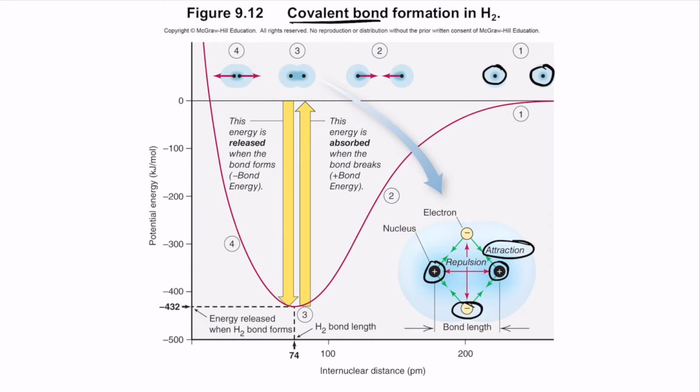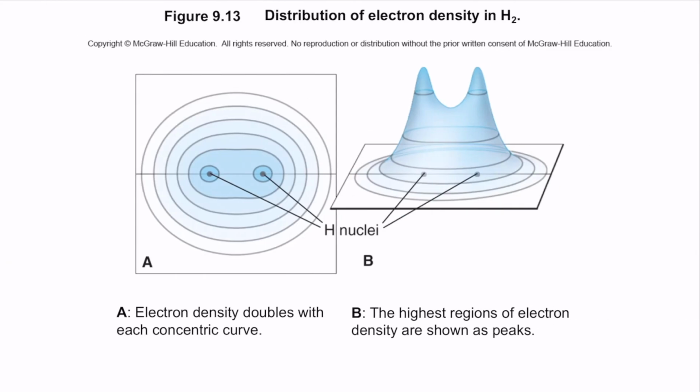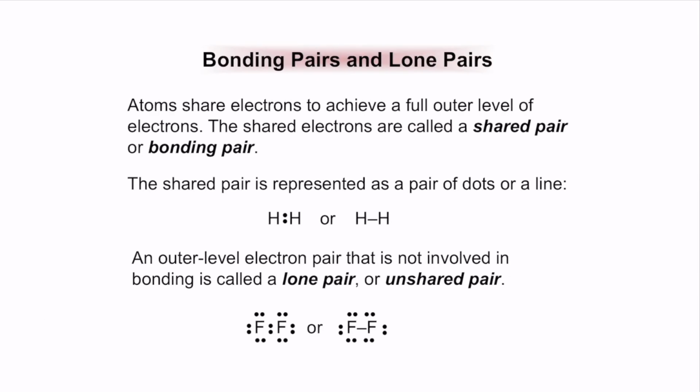This leads to a point where the atoms reach what we call equilibrium, where the repulsion of like charges becomes equal to the attraction of the unlike charges. This is the point of bond formation, where it forms the covalent bond. That distance is called the covalent bond length.